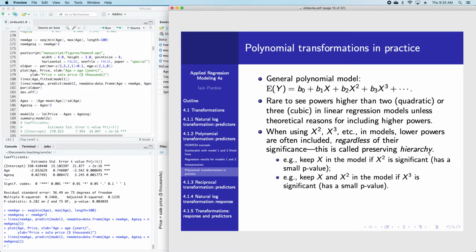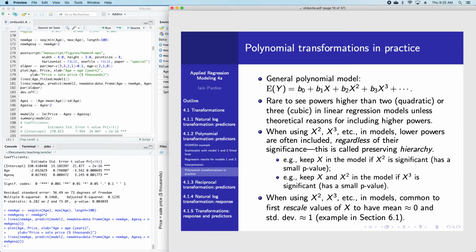And then I also mentioned that let's say we had a cubic model with x cubed, you would keep x squared and x in the model regardless of the significance of b1 and b2.